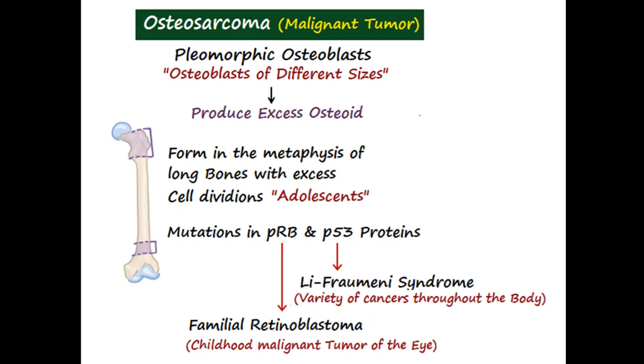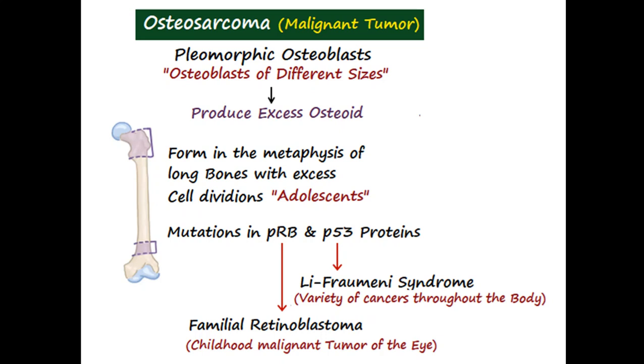And it is important to note that the mutation in the RB gene and protein is also associated with the familial retinoblastoma, which is a childhood malignant tumor of the eye. So in this situation, the osteosarcoma shares genetic mutation with the familial retinoblastoma.